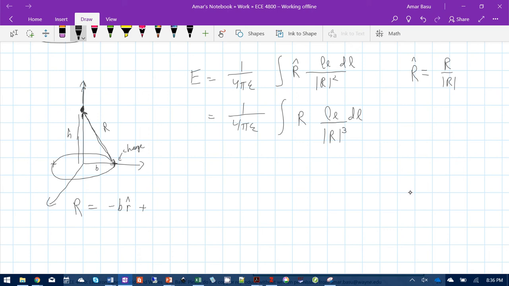Plus h times z hat. Yeah, so from this point here, from the location of the charge, I'm going from r equals b to r equals 0. So the movement is negative b. And then you're going up in z.